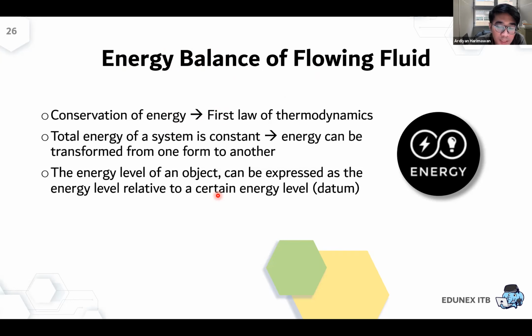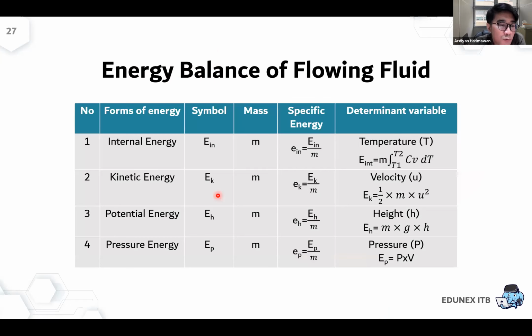Basically, in flowing fluid, again, you need to be aware that there will be 4 types of energy. These are the internal, kinetic, potential, and pressure energy. Each has a relevant variable related to the energy.